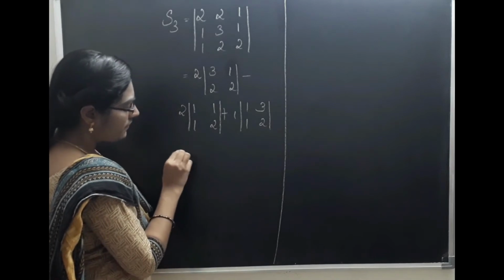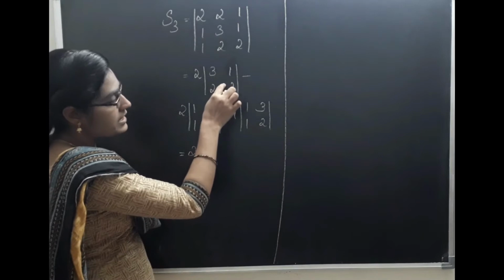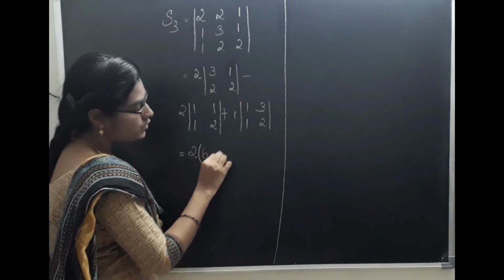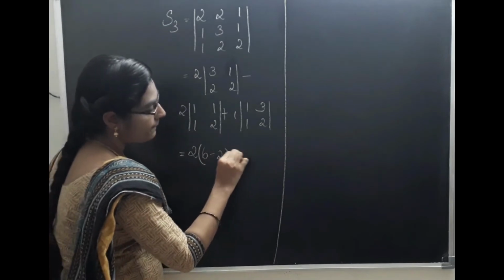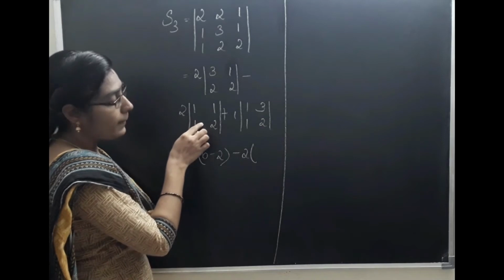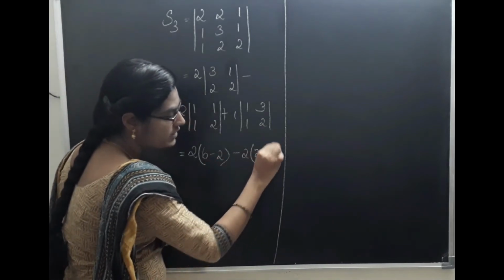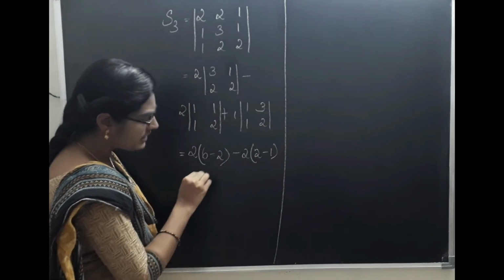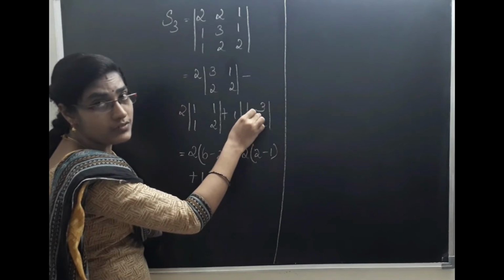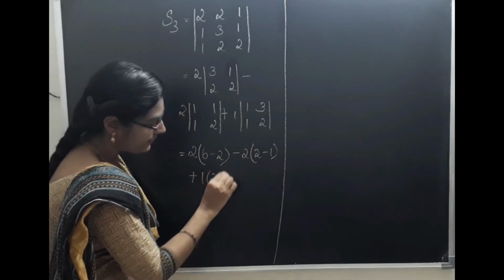Solve it. We will get 2 into (3 2s are 6 minus 1 into 2 is 2), that is 6 minus 2, minus 2 into (1 into 2 is 2 minus 1 into 1 is 1), that is 2 minus 1, plus 1 into (1 into 2 is 2 minus 1 into 3 is 3), that is 2 minus 3.